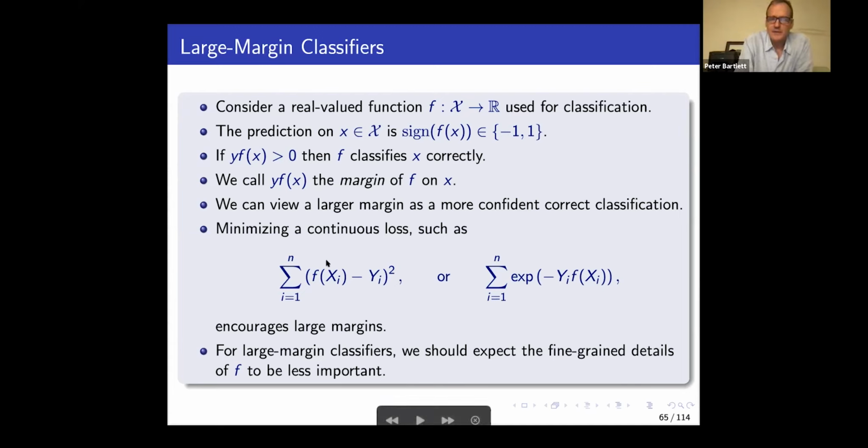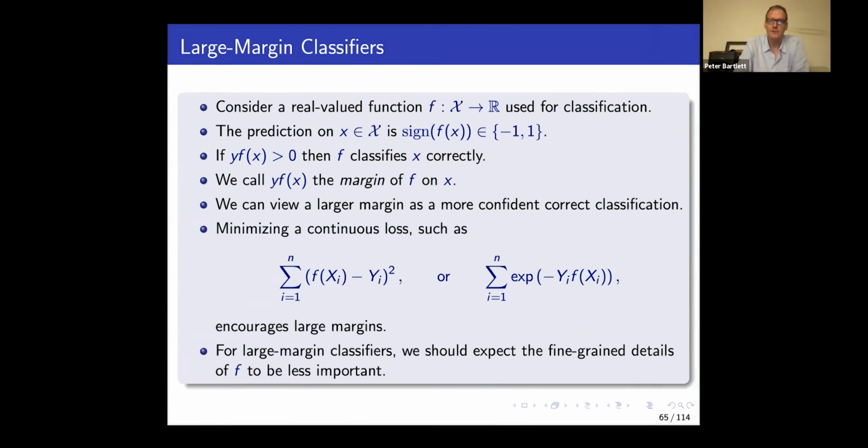So certainly, minimizing continuous losses like the quadratic loss or the exponential loss that AdaBoost uses. And of course, for the case where y is plus or minus 1, you could rewrite this as y_i times f of x_i minus 1 all squared, right? Just because y_i squared is a constant. So both of these are nice, continuous, even Lipschitz functions of the margin.